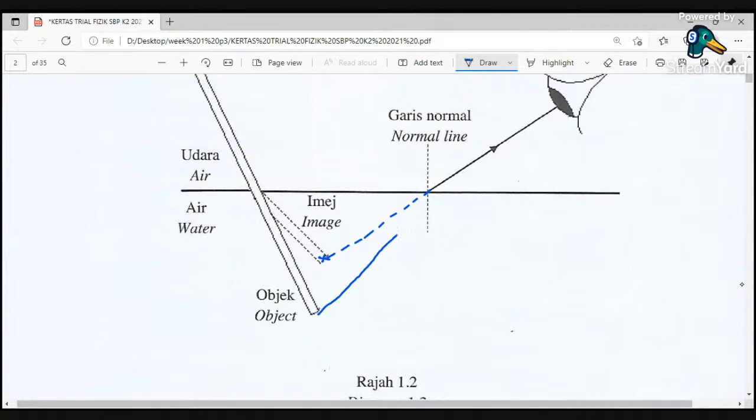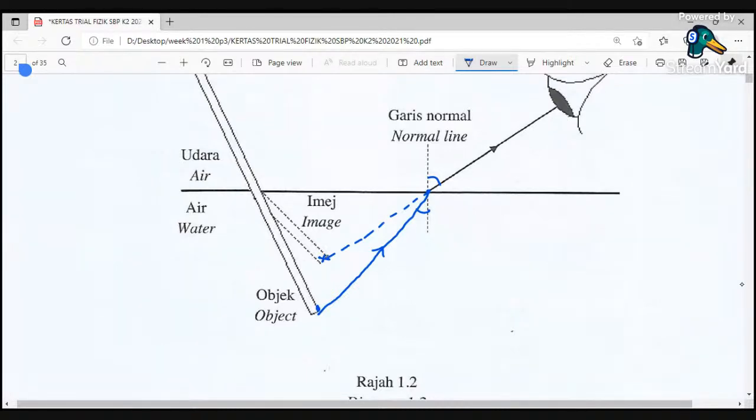Use a ruler to draw. So this is the incident light coming from the object and then reaches this point, bends away from normal, because from water to air, speed increases, so it bends away and gets into the observer's eye. Line of vision is a straight line, so the eye can see the image which is formed along the light ray that gets into the observer's eye.